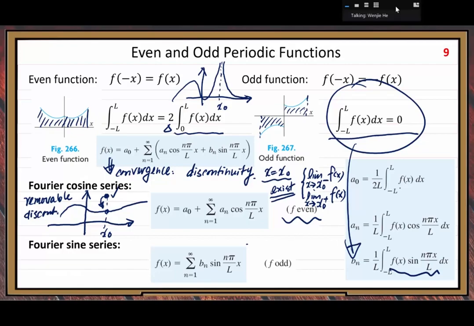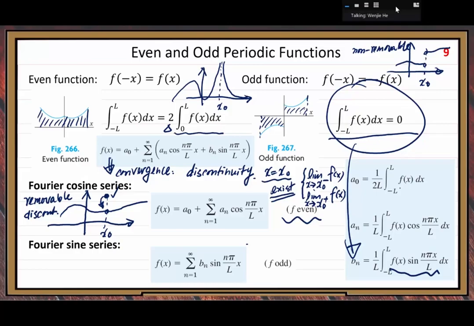Now the non-removable case. So at x0, the left limit exists, the right limit also exists. This kind of discontinuity is non-removable, because in this case both limits exist, but they are different.